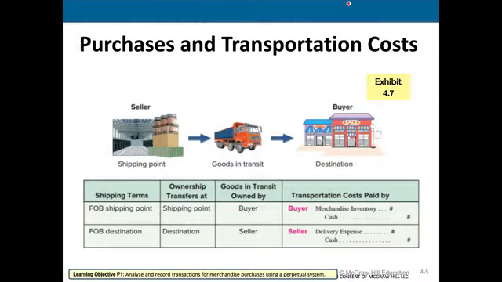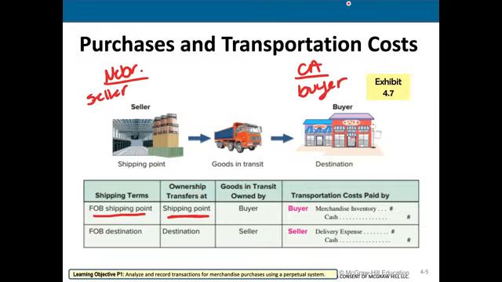So how do we account for this? FOB shipping point is the ownership transfer at the point of shipping. Let's just go, I'm going to write here my Nebraska to California example. Nebraska is my seller, I am the buyer and I'm in California.